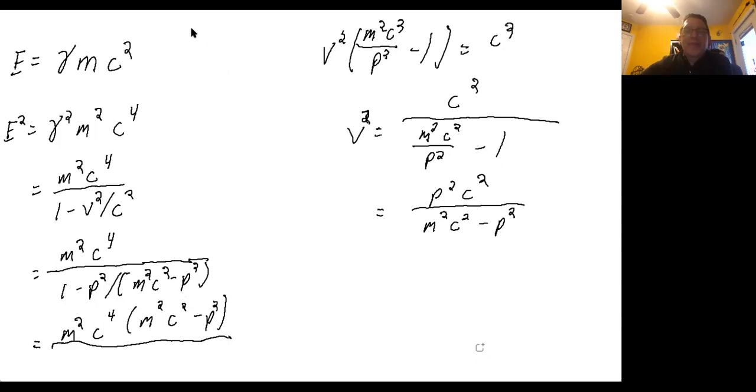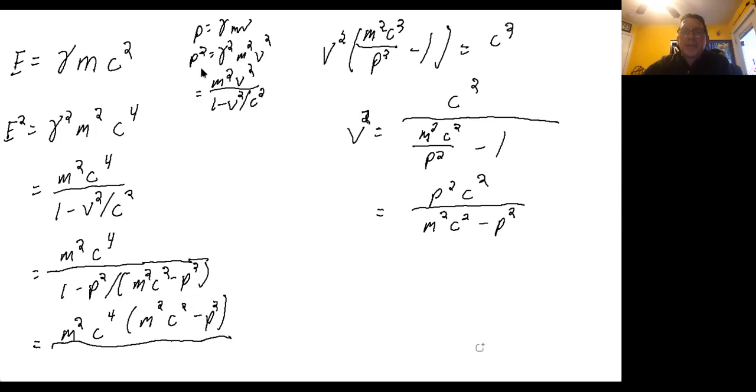So you have p is equal to gamma mv. p squared is equal to gamma squared m squared v squared, which is m squared v squared over 1 minus v squared over c squared. Like that.